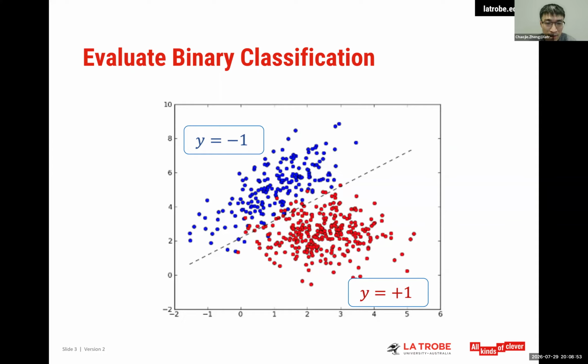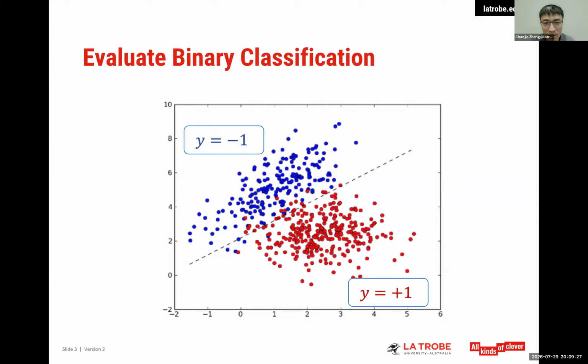So let's review binary classification. For a binary classification task, we have data with features, which are the input variables, and we provide data labels, which are the true labels we are going to predict with the model. In this case, the true labels are differentiated using different colors.